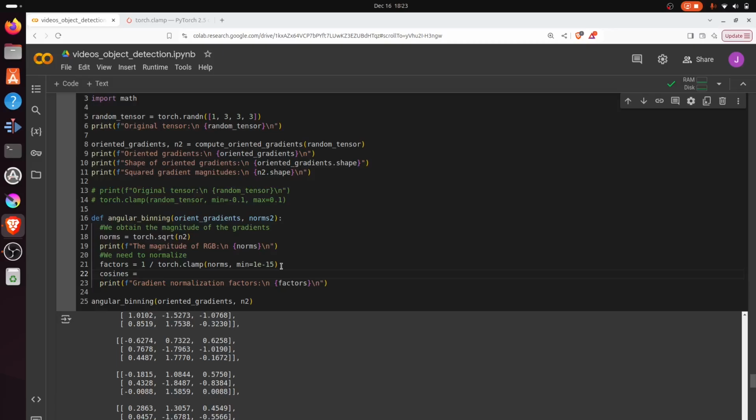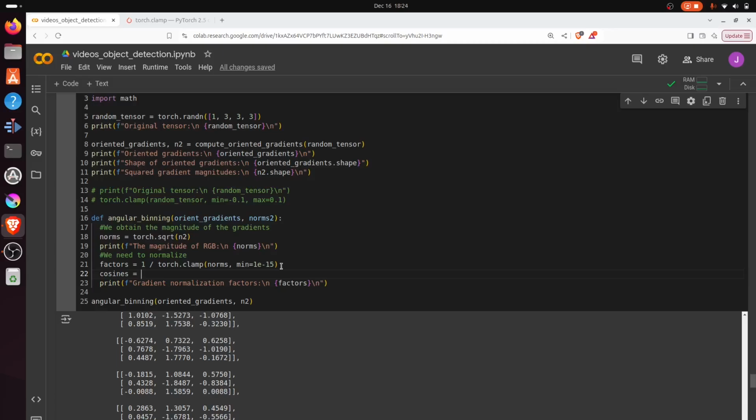Why am I calling them cosines? Because the projection that we applied in the oriented gradients is actually analogous to applying a dot product, and the dot product is mathematically defined based on a cosine. That is why I'm writing cosine.